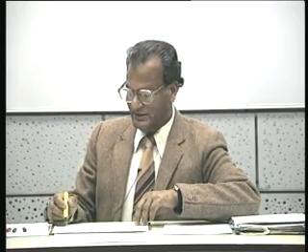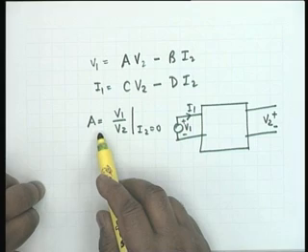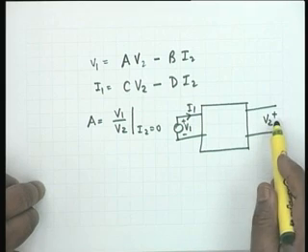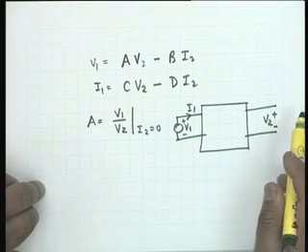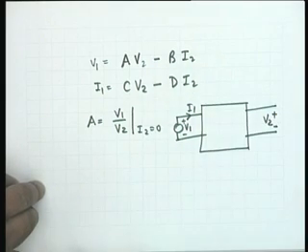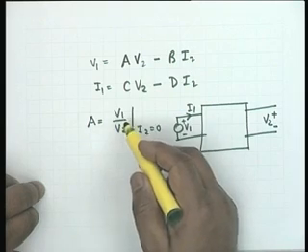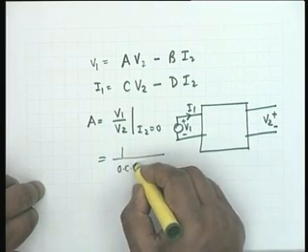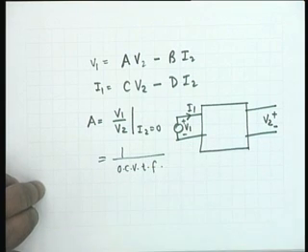But you see that A is obviously the reciprocal. You see here the open circuit voltage transfer function is V2 by V1, and A is the reciprocal of an open circuit voltage transfer function.